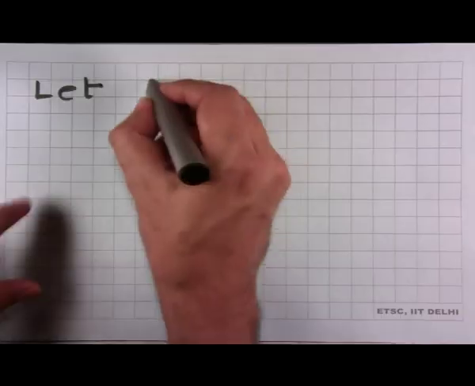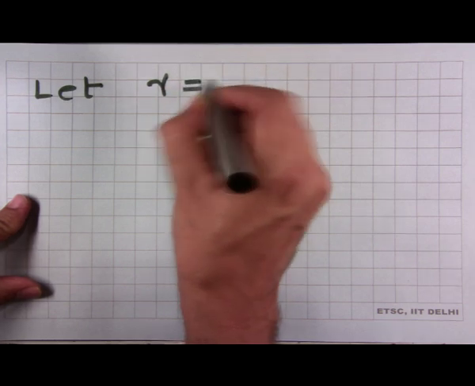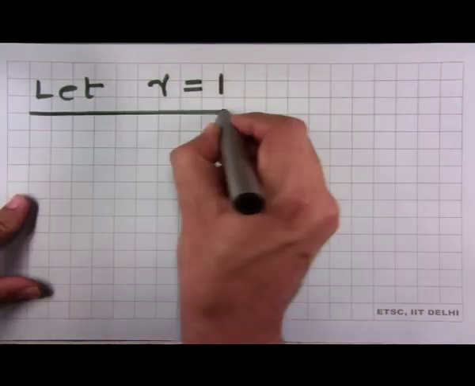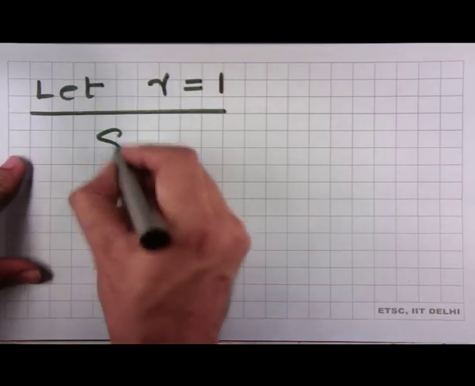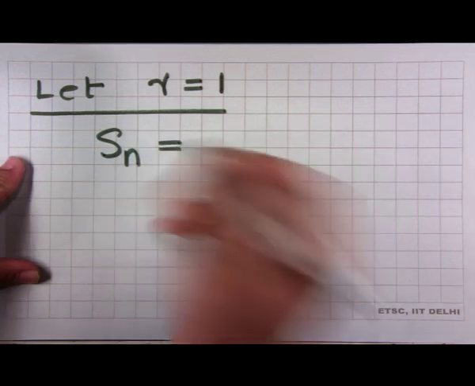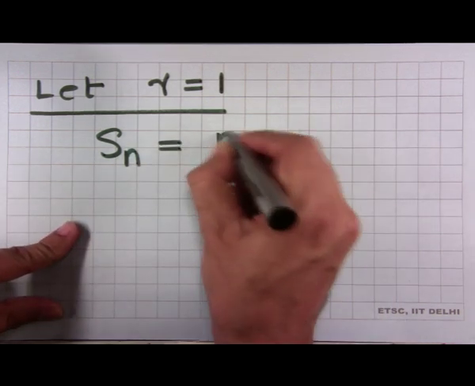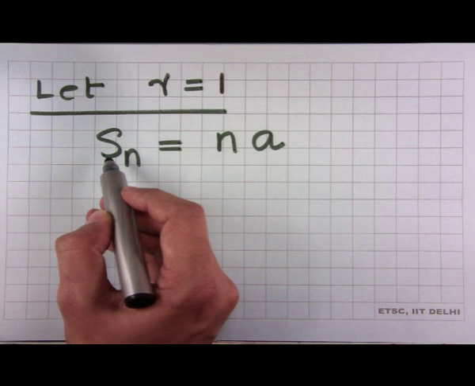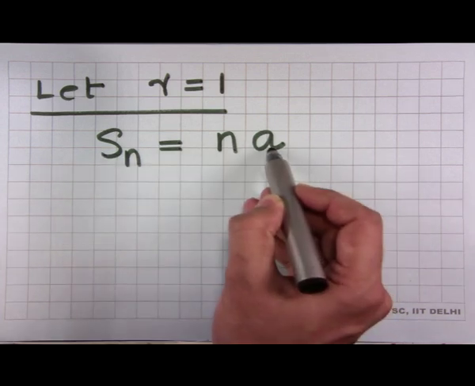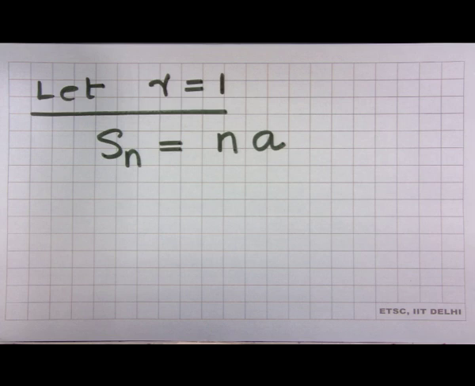Let r be equal to 1. The common ratio is 1. Note that in that case S_n is equal to na. Recall, a is a fixed real number.